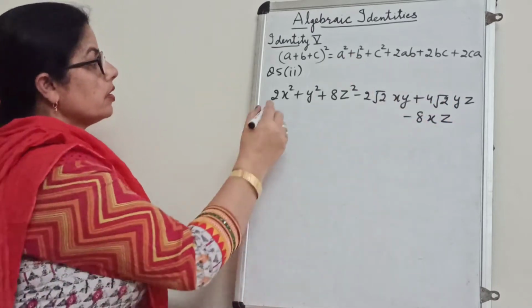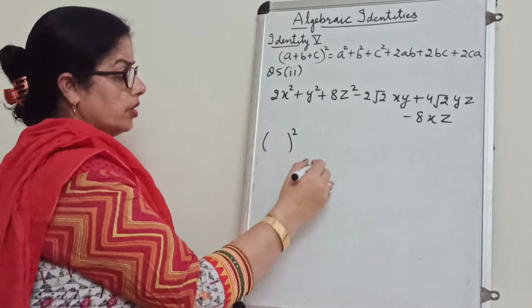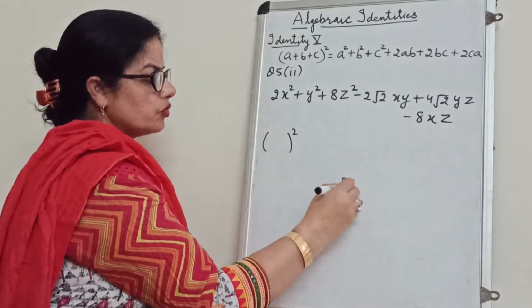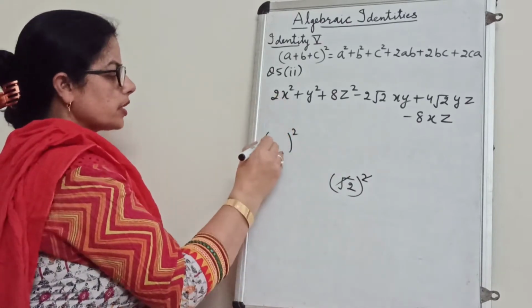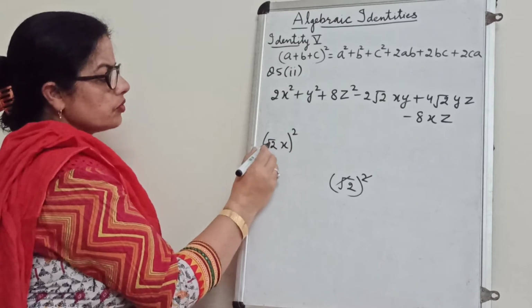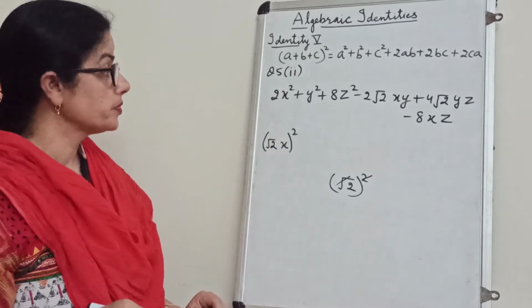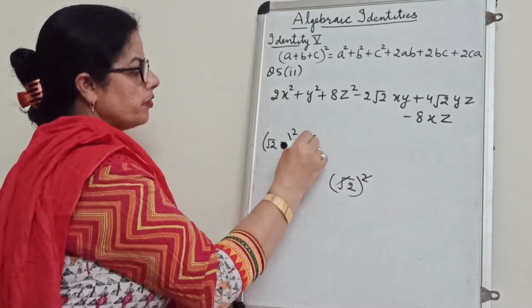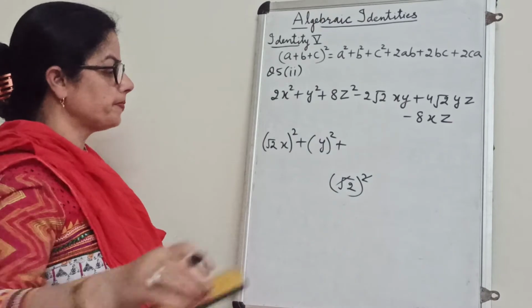See 2x square. 2 is the square of what? 2 is the square of root 2, since root 2 square is 2, and x square is the square of x. So we write root 2x whole square. This y square we can write as the square of y. And what is 8?